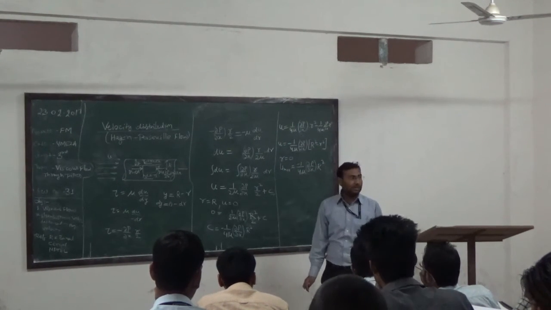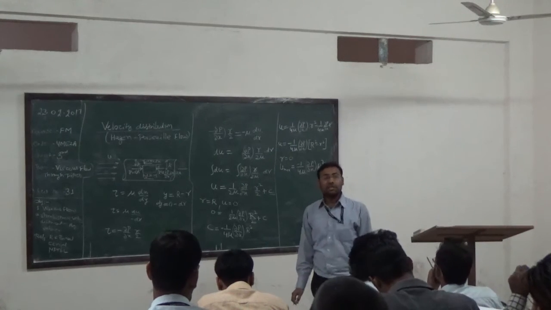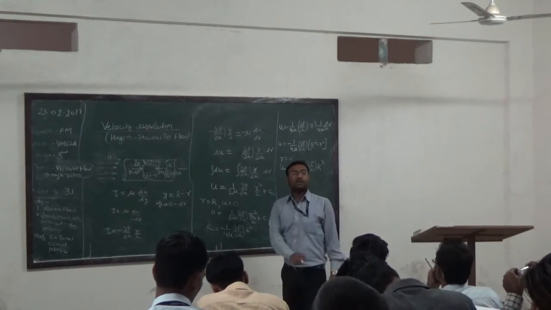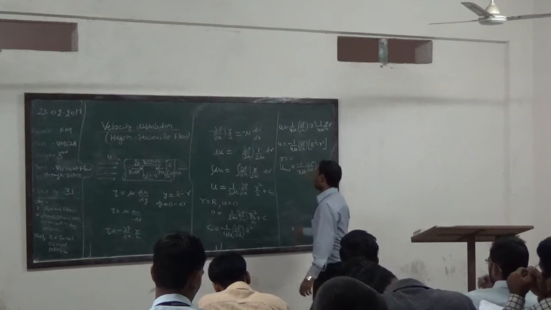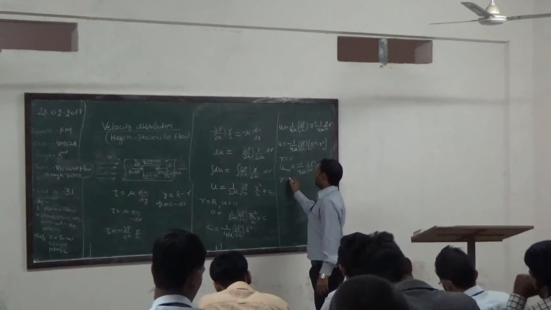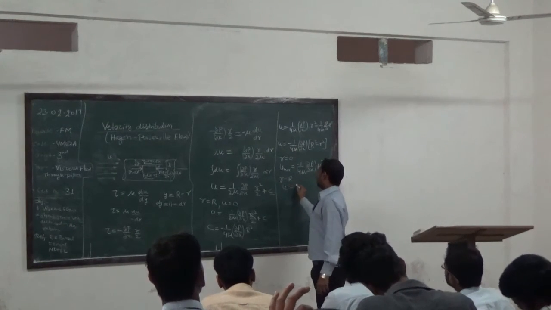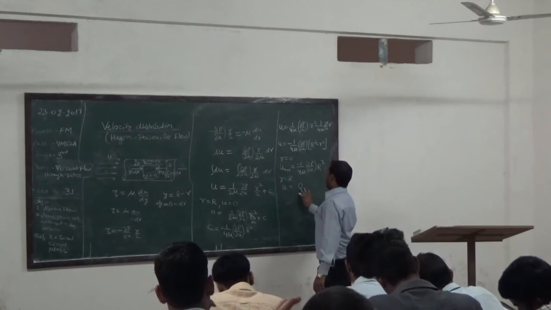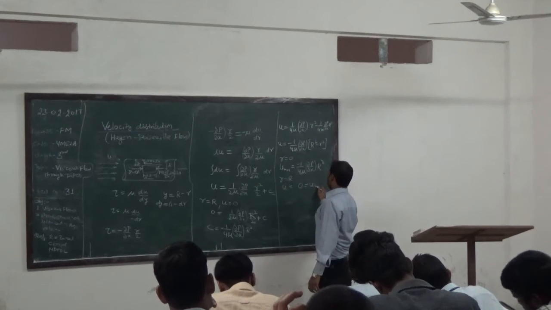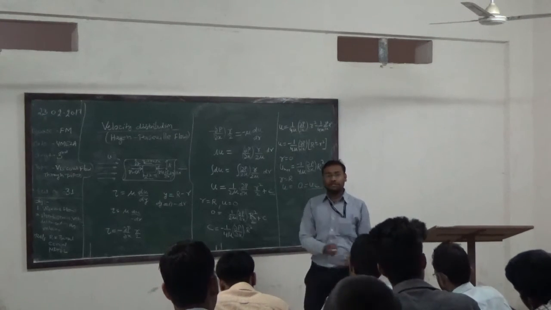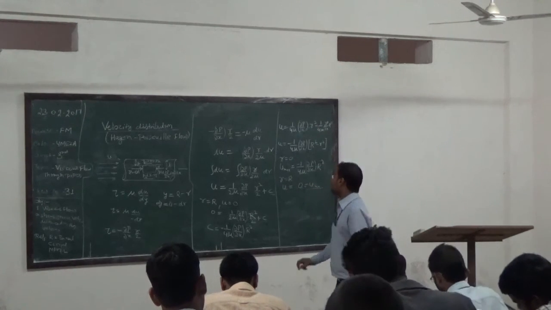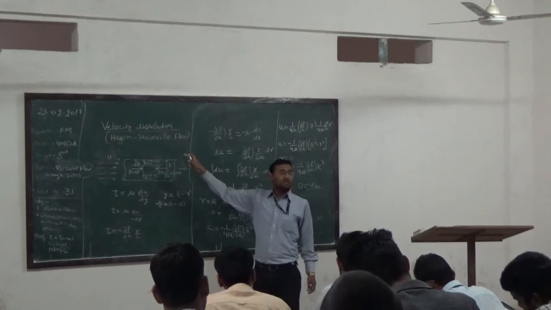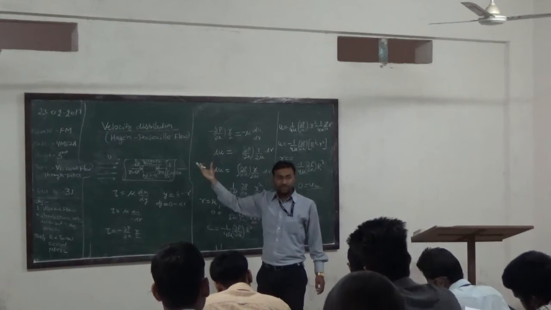Maximum velocity happens at the center of the pipe. Then if r equals capital R, u will become 0, also known as u minimum. So the minimum velocity is 0 and it is at the pipe surface.